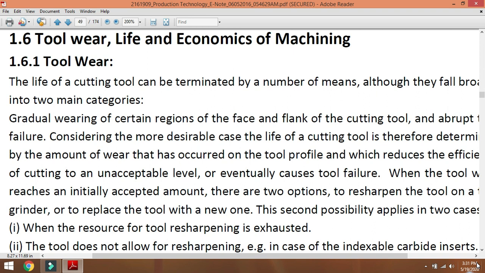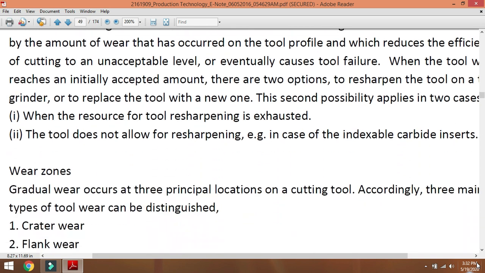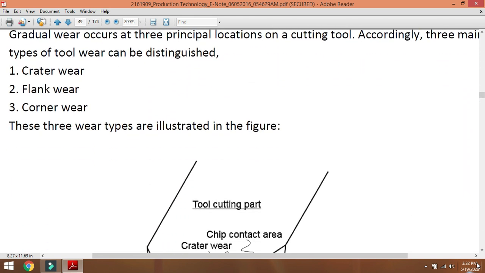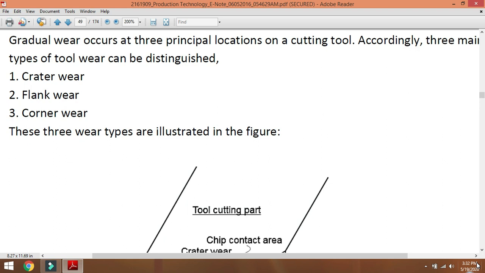The amount of wear that has occurred changes the tool profile and width and reduces the efficiency of cutting, so the tool is replaceable. The second possibility applies when resources for tool resharpening are exhausted and the tool does not allow the wear zones. Here, what types of wear zones are there?